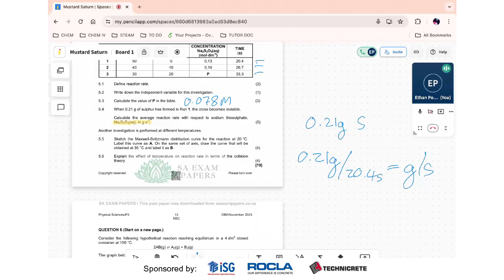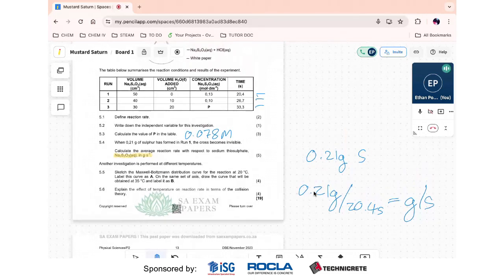But the trick to this question is that it's not with respect to sulfur, but rather with respect to sodium thiosulfate. So we first need to figure out the mass of sodium thiosulfate used for any run, because the same mass of sodium thiosulfate will always give the same mass of sulfur.